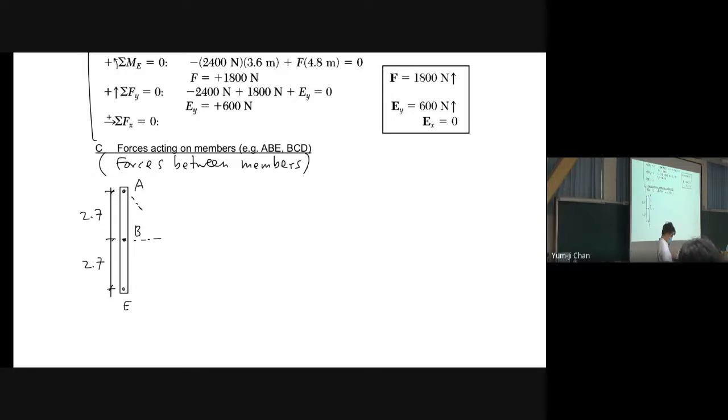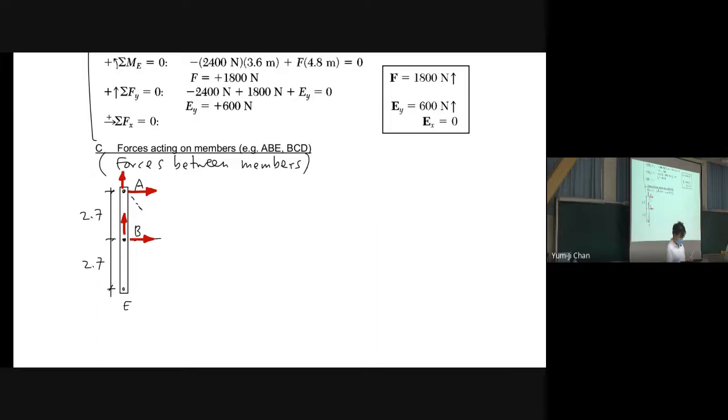We simply draw forces in X and Y direction, and by doing calculations, you will know the direction of the force. And for point B, we do the same thing.